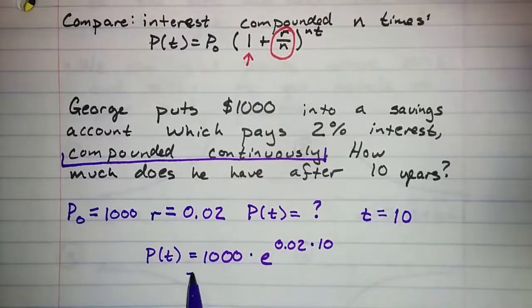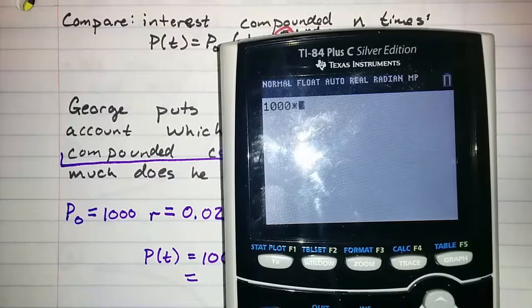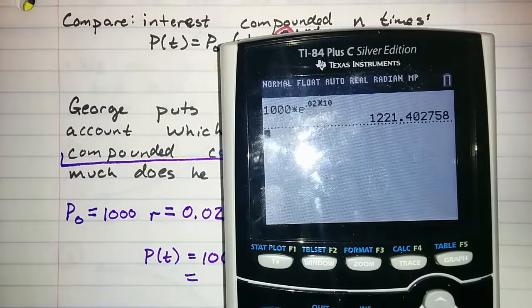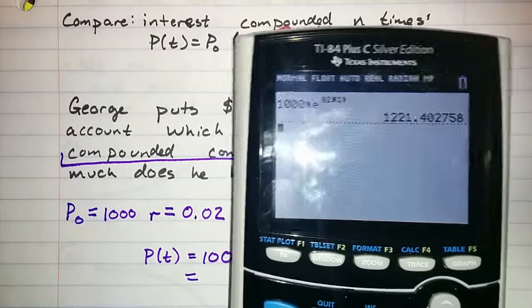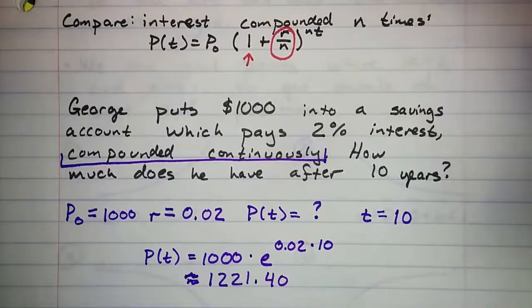And now we can just put this into the calculator. 1,000 times e to the 0.02 times 10. And we get, rounding to the nearest penny, $1,221.40. George has $1,221.40 after 10 years.